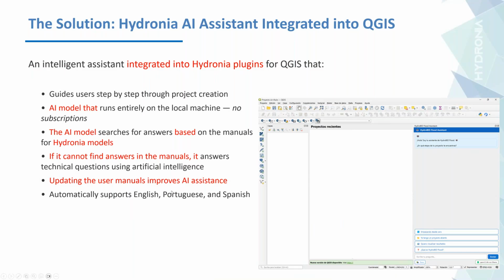We plan on releasing this in English, Portuguese, and Spanish, which are our main languages based on the users we have in these countries. So it will also facilitate communication with the users in the countries speaking those languages.